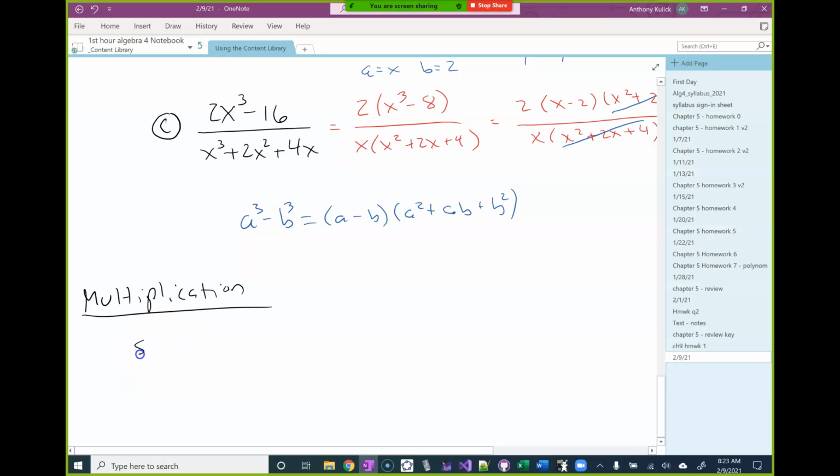So let's talk now about multiplication. And this is going to be the same idea as multiplying two fractions.